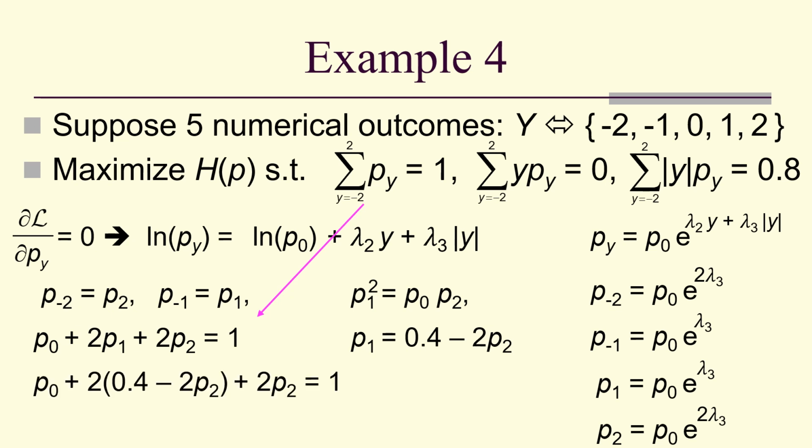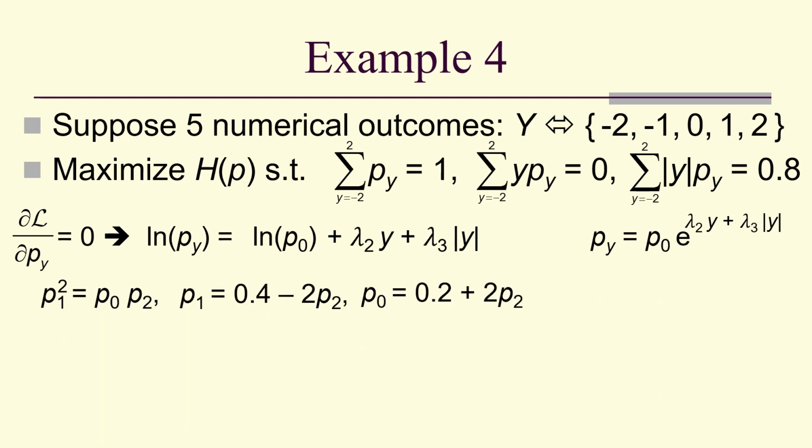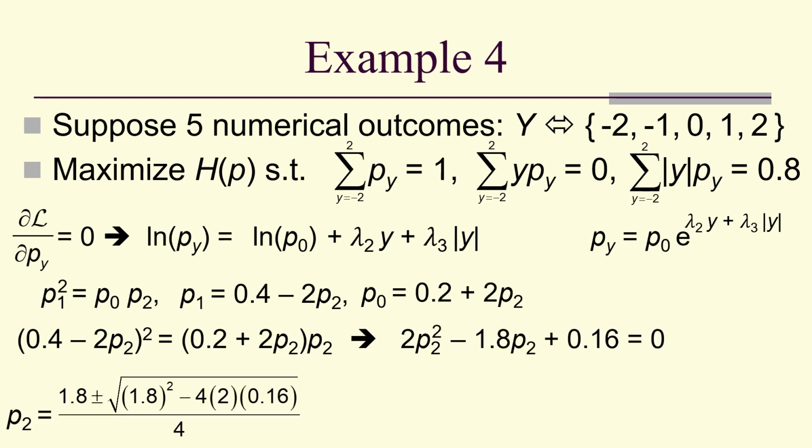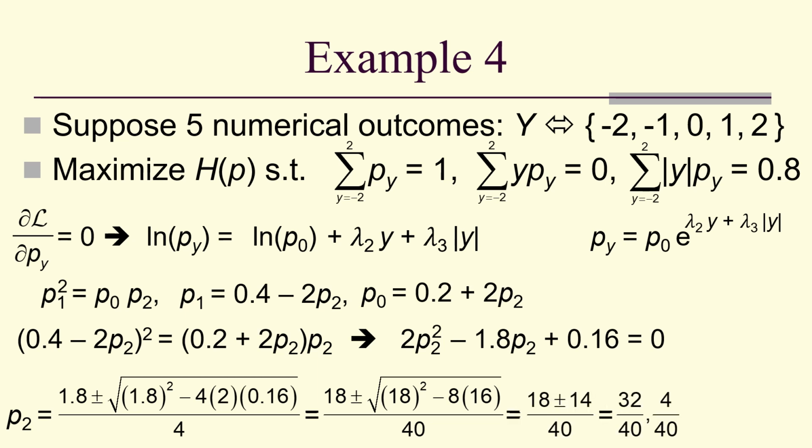Now we've got all we need to solve, and we get p naught is equal to 0.2 plus 2p2. Again, we're solving these equations, so this is all just mechanical. I don't want to put too much emphasis on the importance of this. This is all just basic algebra. But you do your basic algebra and you get some solutions.